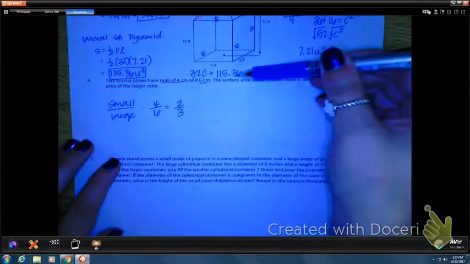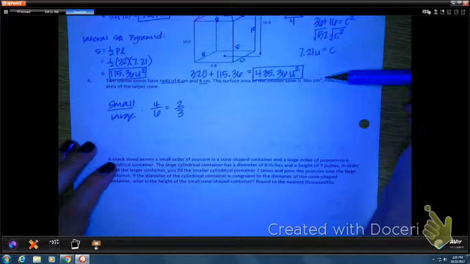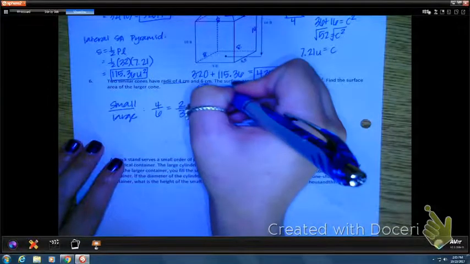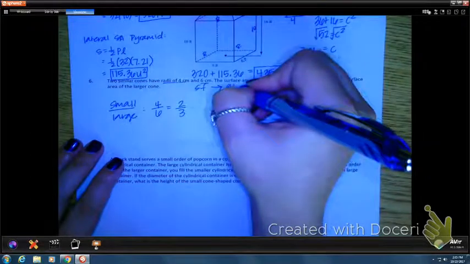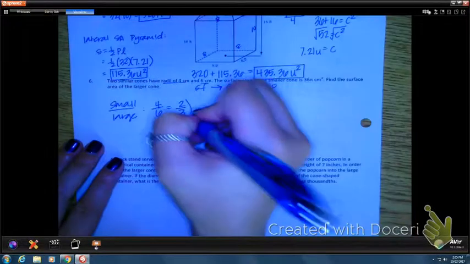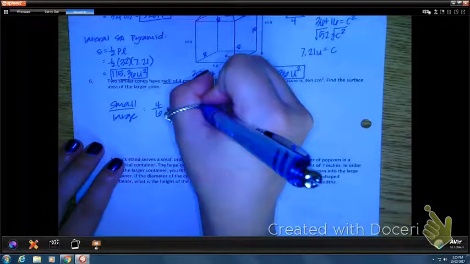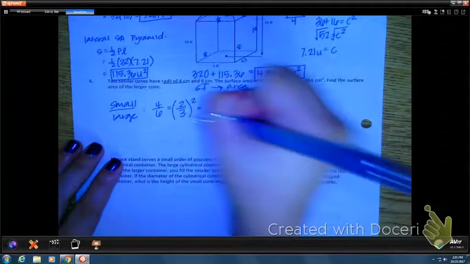The surface area of the smaller cone is 36 pi centimeters squared. Find the surface area of the larger cone. So we're going from scale factor to area ratio. What do we need to do to our scale factor? Square it. 2 squared is 4, 3 squared is 9.